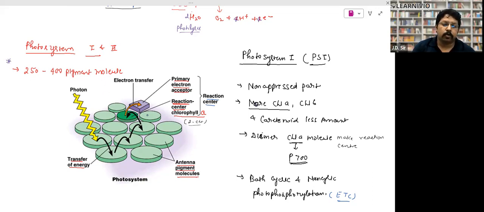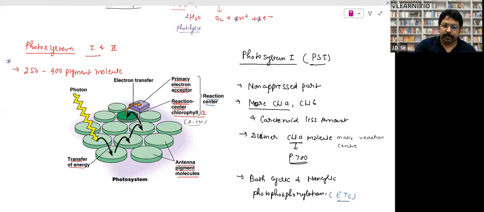Among the pigment molecules, in the center there is a reaction center, that is the chlorophyll A molecule, and there is a primary electron acceptor which accepts the electron. The combination of the reaction center chlorophyll and the primary electron acceptor is collectively known as the reaction center, right?